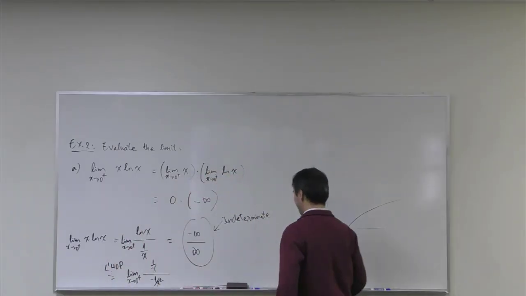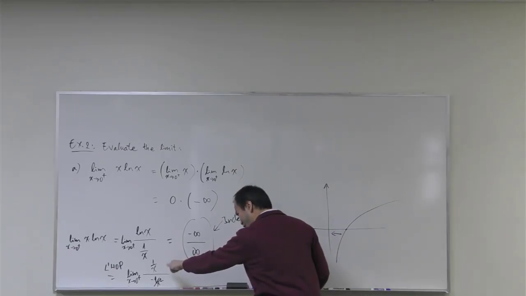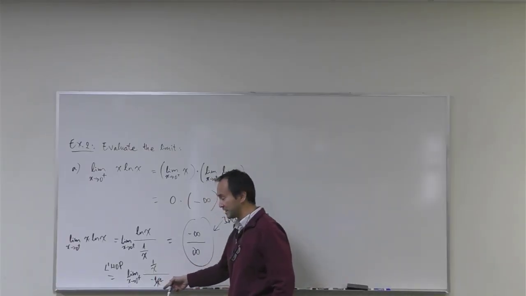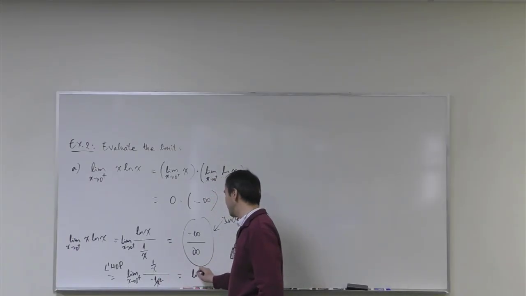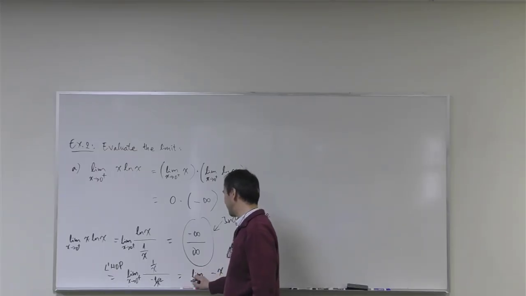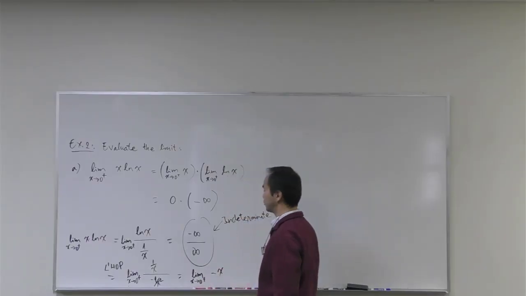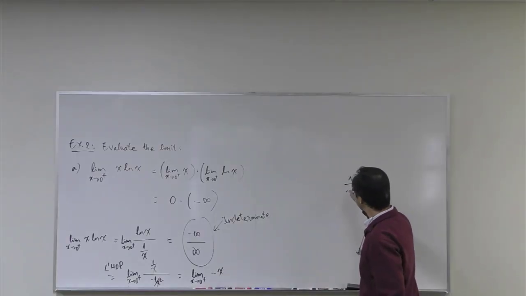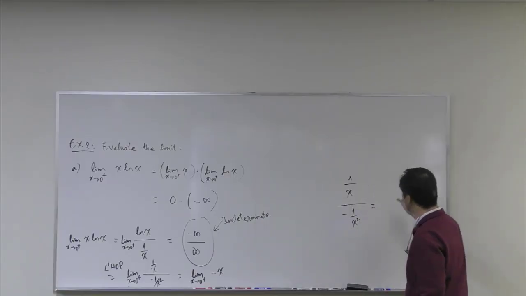So this one here is indeed no longer indeterminate, because here's why. It cancels out: 1 over x divided by negative 1 over x squared is the same as the limit of minus x as x gets close to 0 from the right-hand side. You guys get that still? 1 over x over negative 1 over x squared algebraically equals negative 1 over x times x squared over 1.